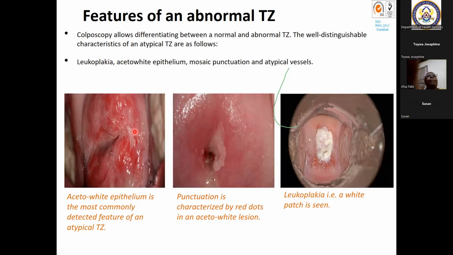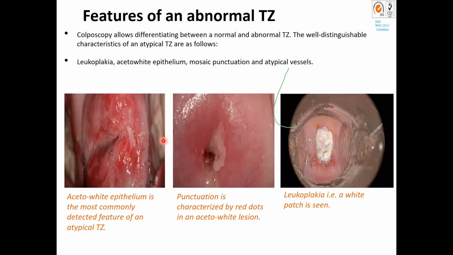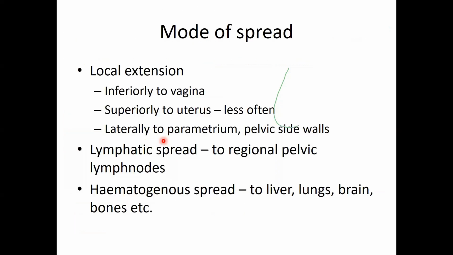When you look at this, you feel like there is something happening. You want to strip off, you want to scratch this off. All this is an abnormal cervix that shows there is something going on, and this client usually requires treatment.